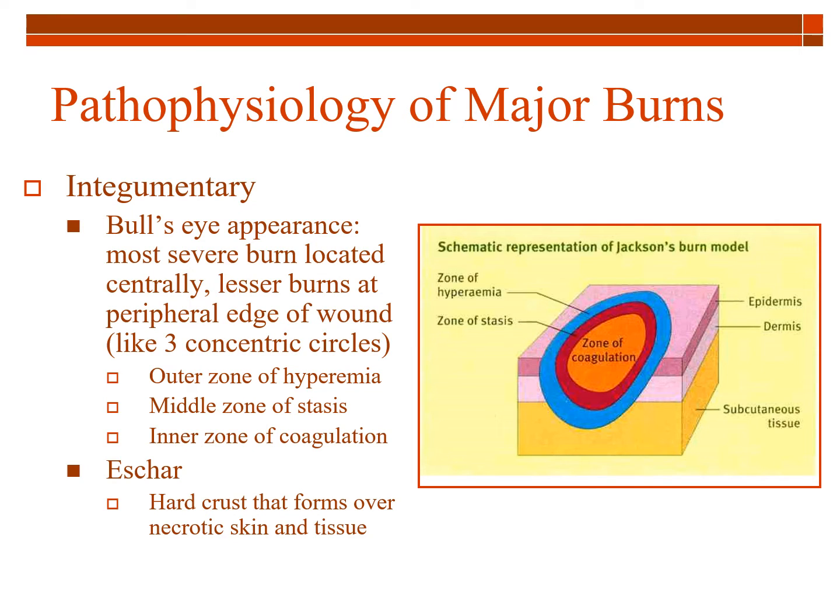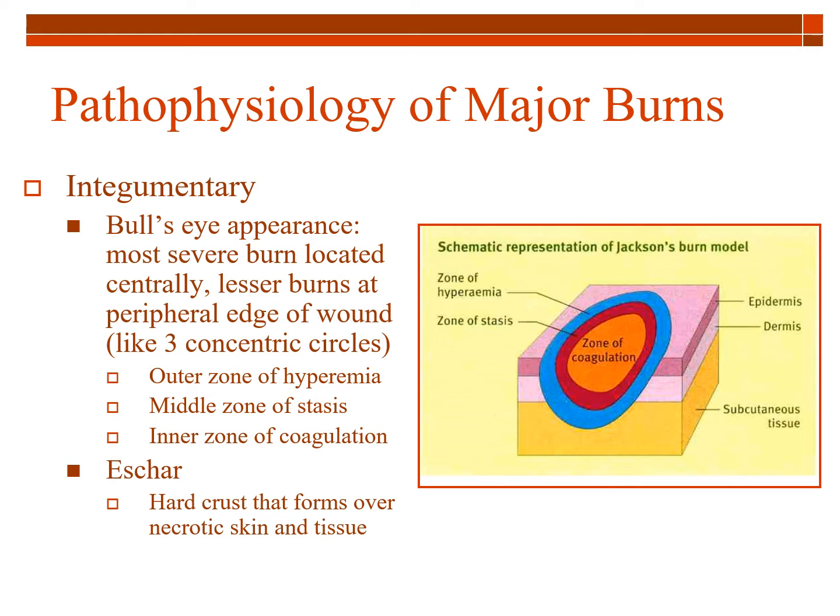Jackson's model describes the distinct areas within every burn wound. Centrally lies the zone of coagulation, which represents the zone of severe damage caused by primary injury. These tissues will not recover and will slough off in due course of time.